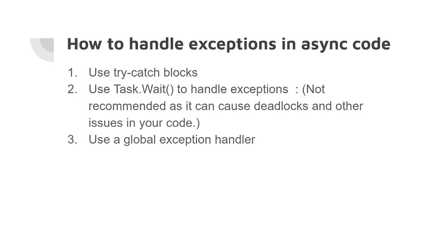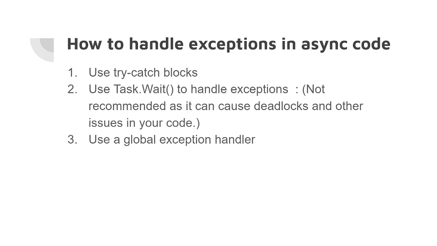If you are not using async and await, you can use the Wait method to wait for a task to complete synchronously. Note, we are waiting here synchronously. If the task throws an exception, it will be wrapped in an AggregateException.